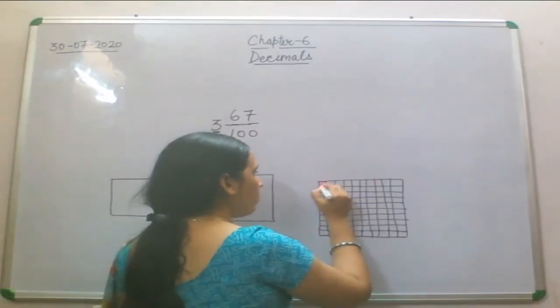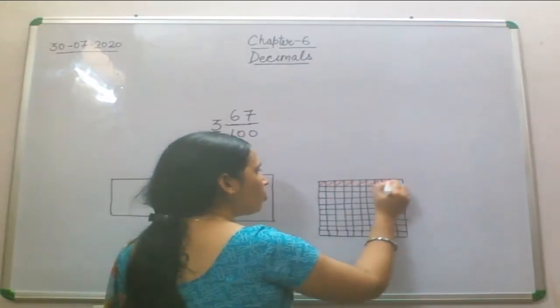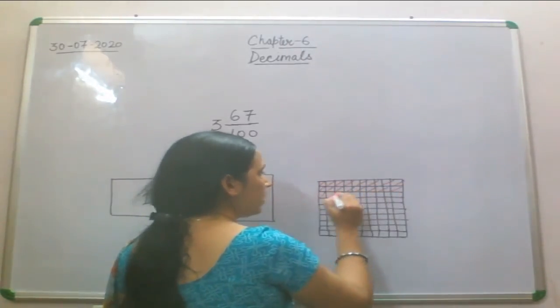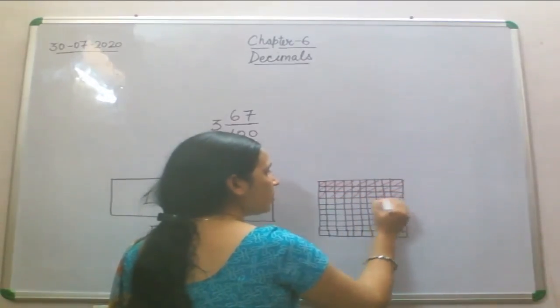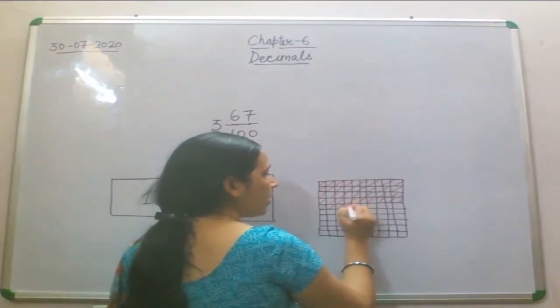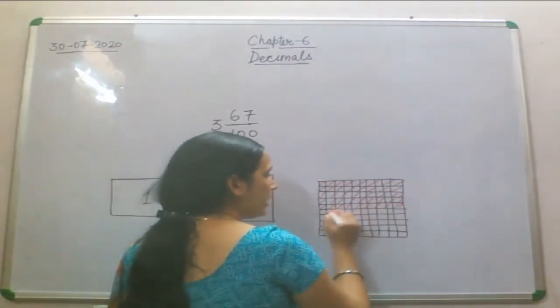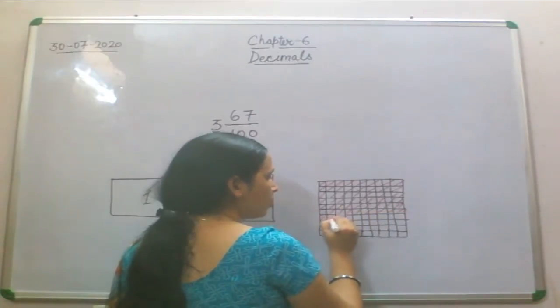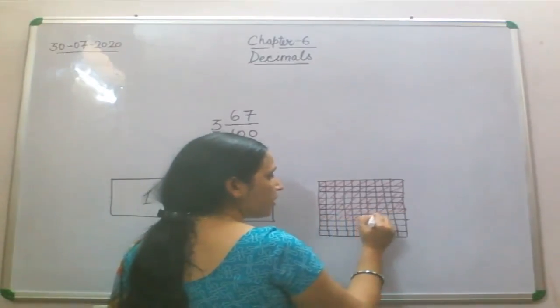One full row is 10, 6 rows means 60, 1 2 3 4 5 and then 6, 60, and after that 7: 1 2 3 4 5 6 7.